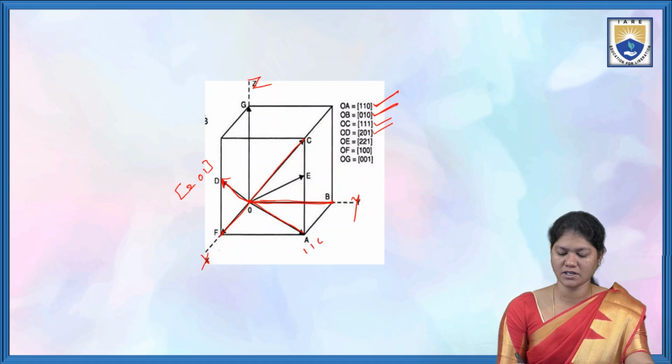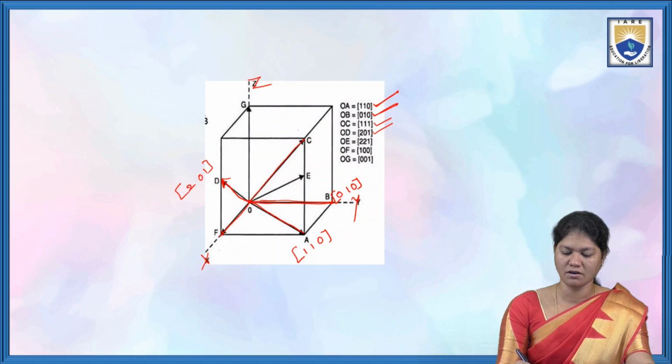So, 1, 1, 0 in the OA direction and 0, 1, 0 in the OB direction. OC direction is 1, 1, 1. OE direction is 2, 2, 1. Likewise, the OF direction would be 1, 0, 0.